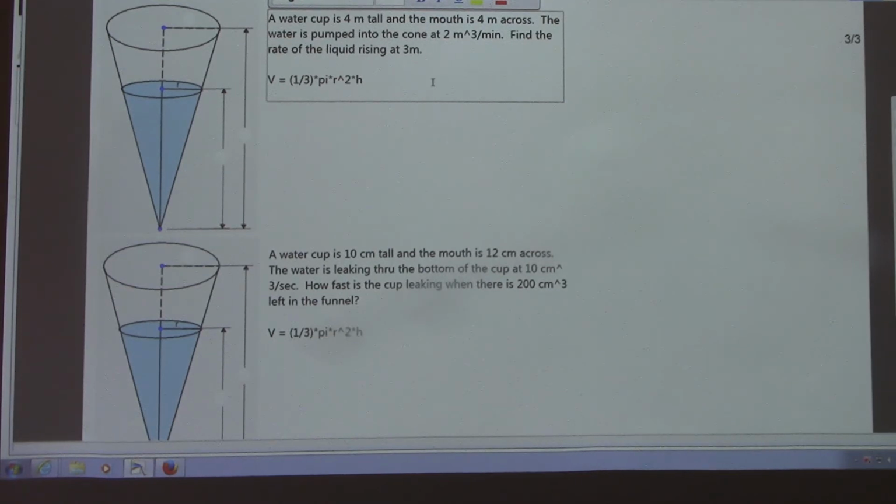Okay, so just some things that you're given. dV/dt is equal to 2 meters cubed per minute, and V is equal to 1/3 pi r squared. I'll go ahead and tell you the answer on this one is 8/9 pi meters per minute.